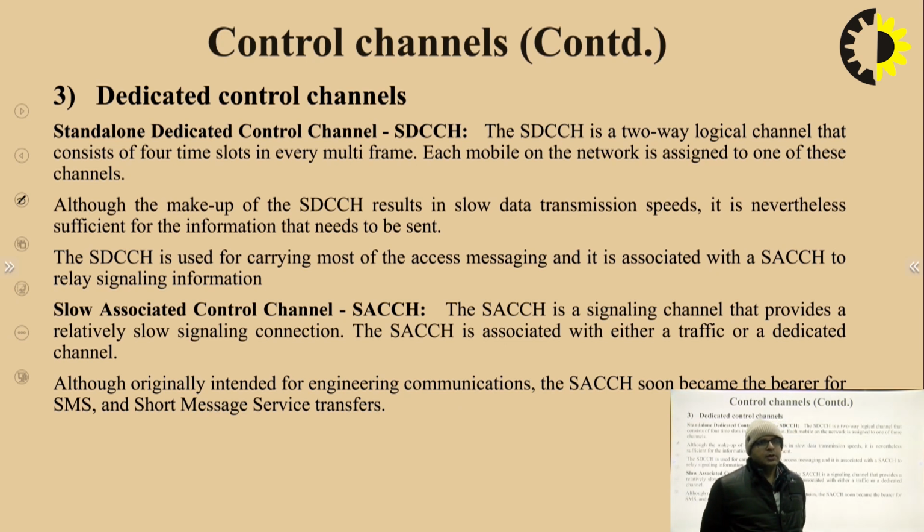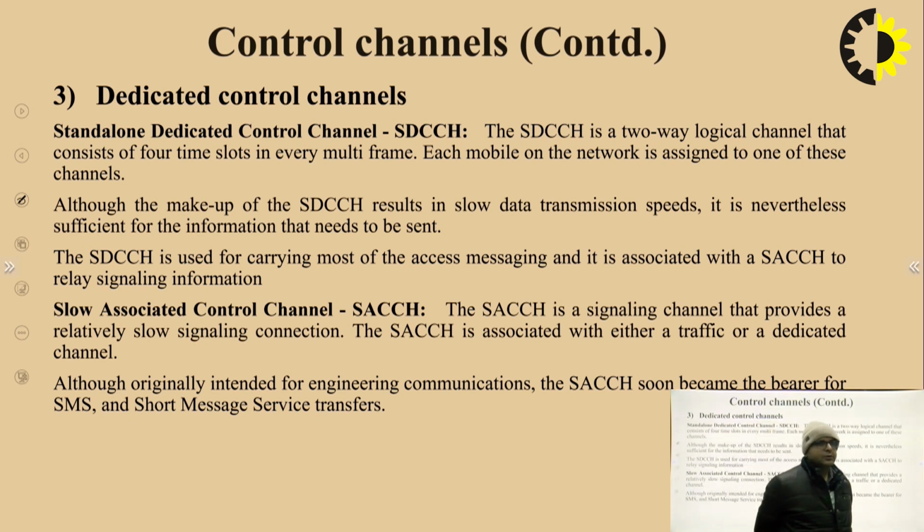The next is the dedicated control channel. It is divided into two parts. The stand-alone dedicated control channel is a two-way logical channel that consists of 4 time slots in every multi-frame. Each mobile on the network is assigned to one of these channels.